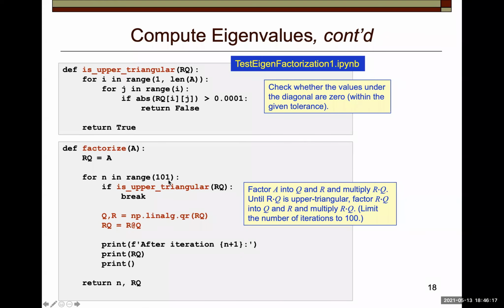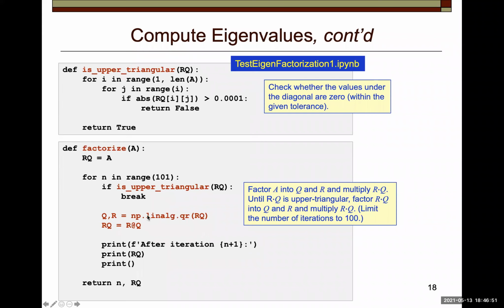Whenever you're iteratively doing multiplications and hoping that an answer converges, you better put an upper limit on it, because maybe it doesn't converge. It could be that it was never meant to converge in the first place, or because of round-off errors, even though theoretically it should have converged, it didn't. So you always put an upper limit on it. I'd say, okay, do this 100 times.